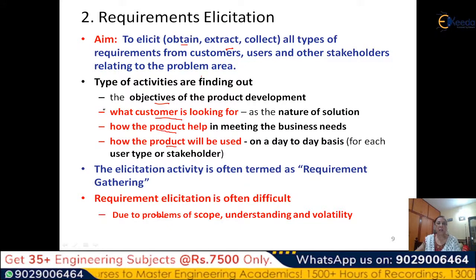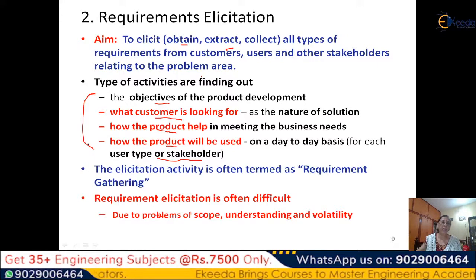The same questions we asked in the inception also, but here we are going to individual stakeholders. There we are going to some top level people, but here we are going to individual stakeholders, for every type of stakeholder. So that is what we have written here. For every user, every type of stakeholder, we have to get this, because as we have said, different stakeholders may have conflicting requirements and conflicting expectations.